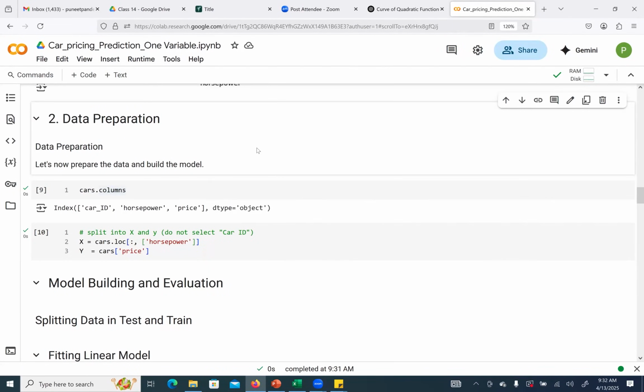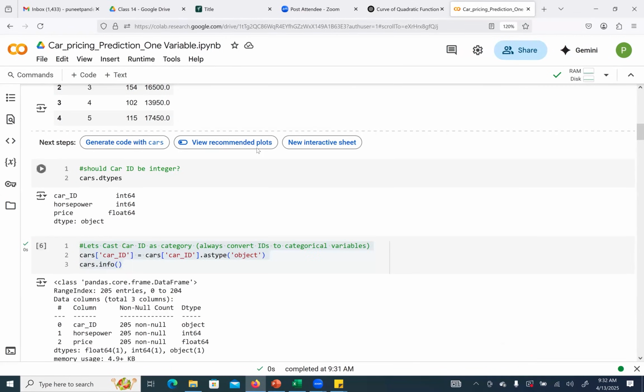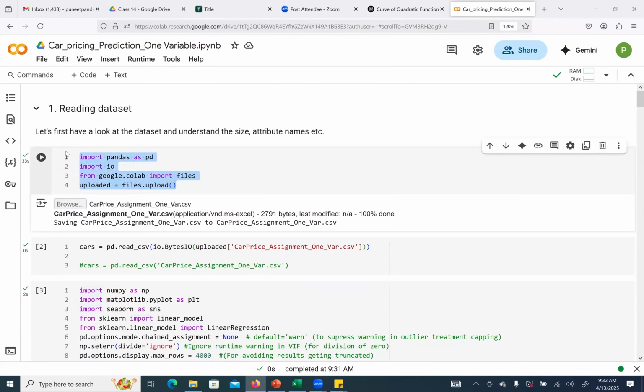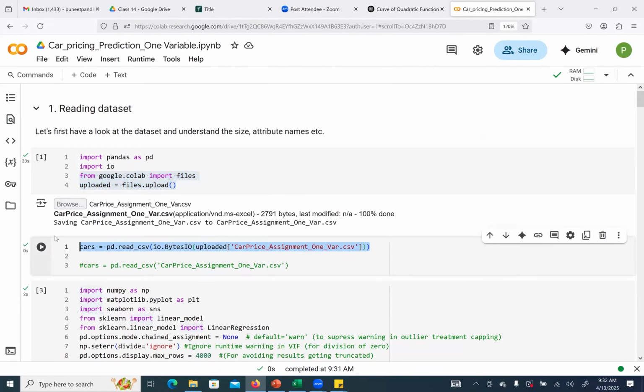Puneet, this is working for notebook also. It has Colab commands there. For Jupyter Notebook, yes, it will work. It's just that a few commands you would have to change. For example, this is not required. Yeah, this much, right? So you can remove this, and then instead of running the first command, you can run the second command. Okay. That's it. After this, it will exactly be the same. Okay. Sure.